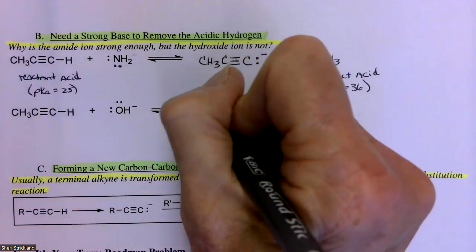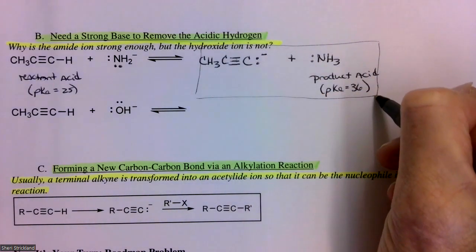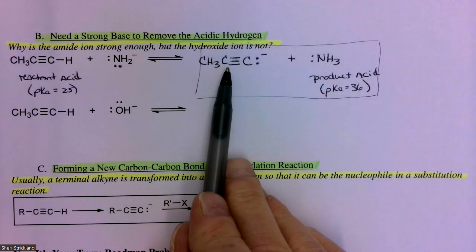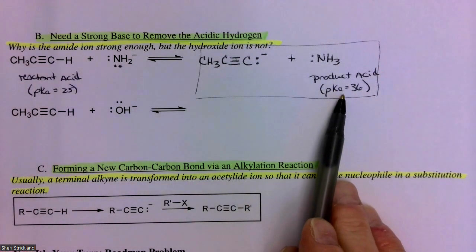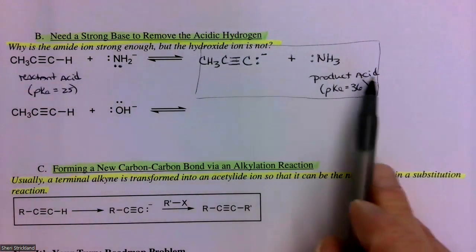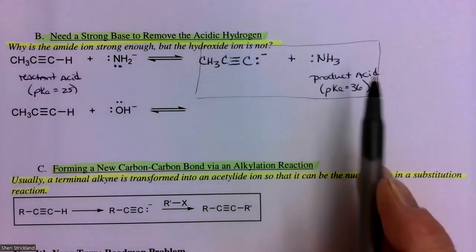And so this would be the side of the equilibrium that predominates. And so you would make this. And because this pKa is 10 or more units higher, you can assume that this would go in 100% yield. And we'll come back and look at that in a minute.